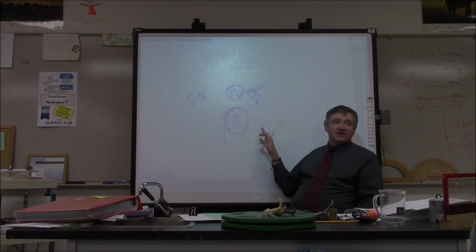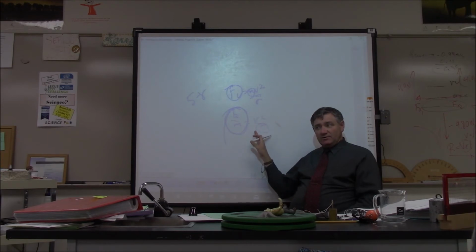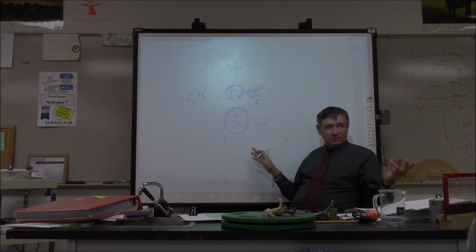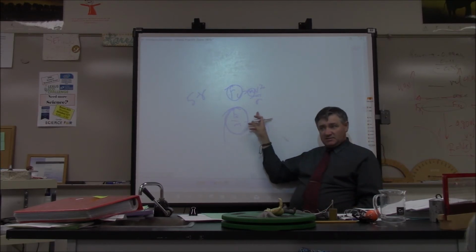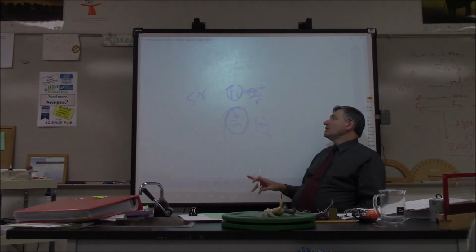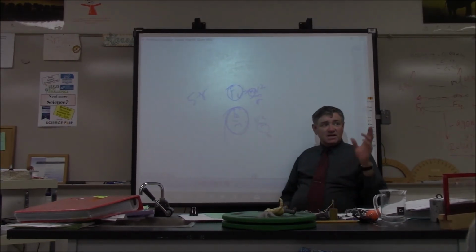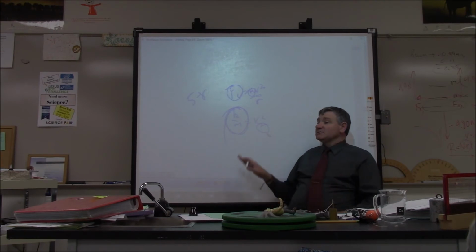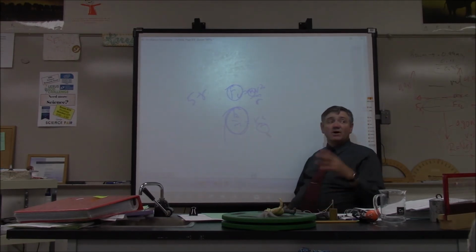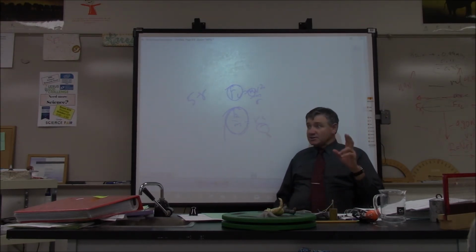Because this one's squared, okay? Now, if it was just v over r, then they'd have to change in a 1-to-1 ratio. So if you double the radius, you double the velocity. But this number is going to be squared, okay? So what you should see as the radius gets bigger is the velocity getting bigger as well, but just not at the same ratio.